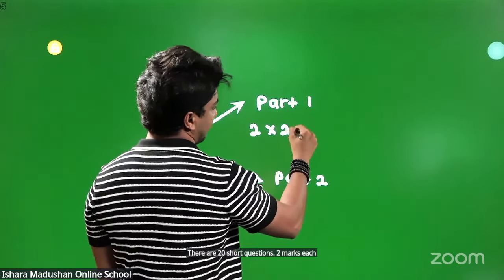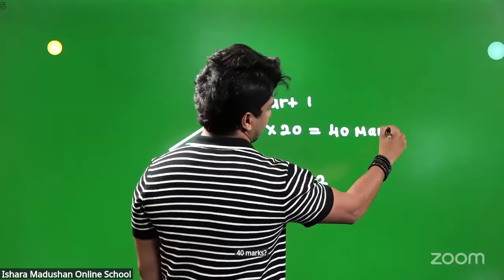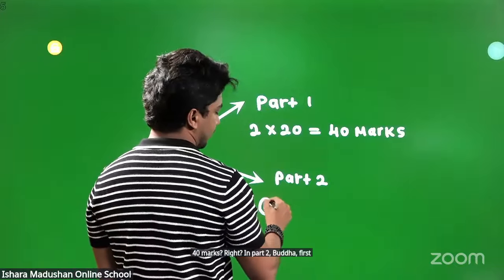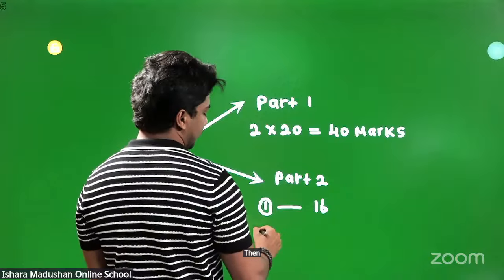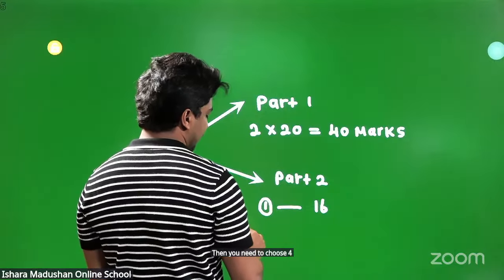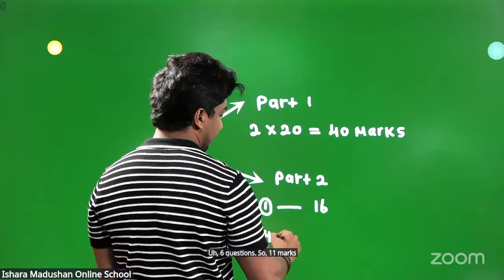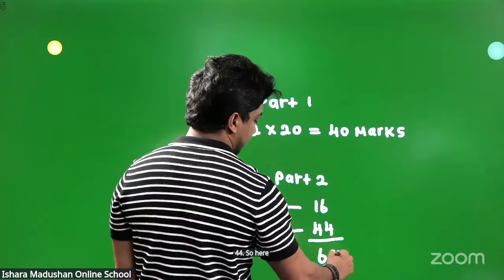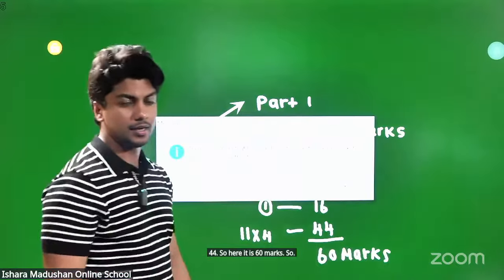So 2 into 20, 40 marks. In part 2, Putha, the first question is compulsory, with 16 marks. Then you need to choose 4 questions out of 6, with 11 marks each. So 11 into 4, 44. So here it is 60 marks. So 40 plus 60, 100 marks.